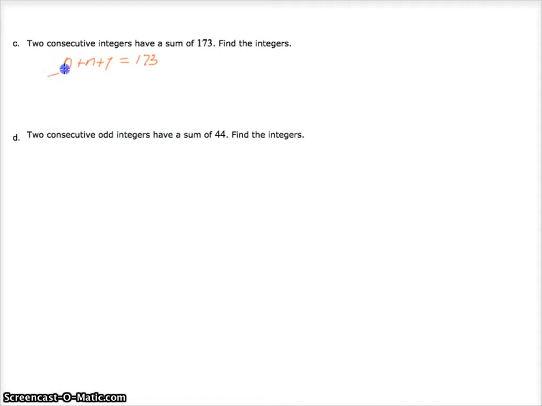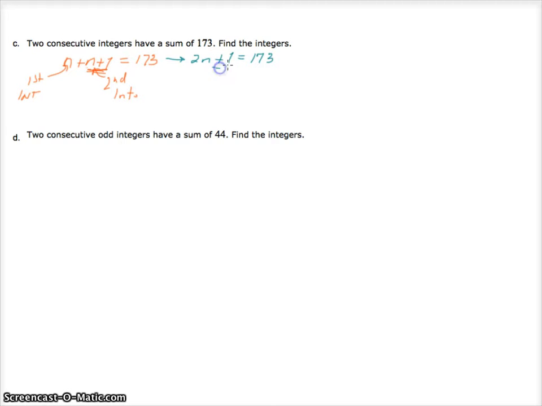This is the first integer. This is the second integer. I can simplify this down to n plus n is 2n plus 1 equals 173.